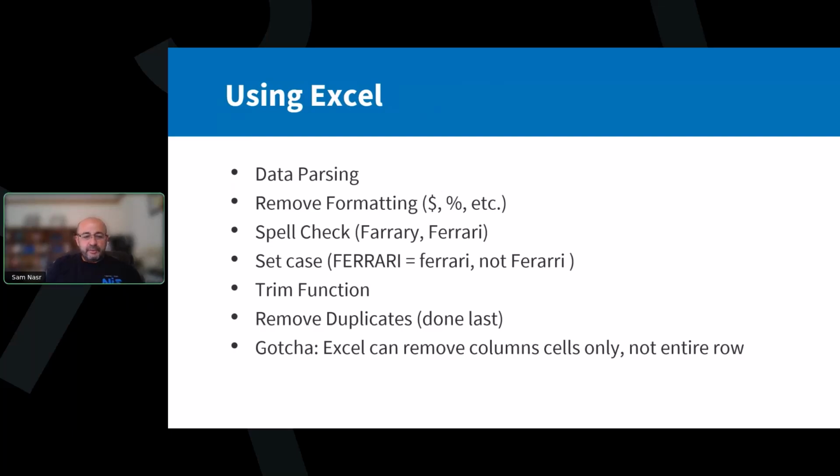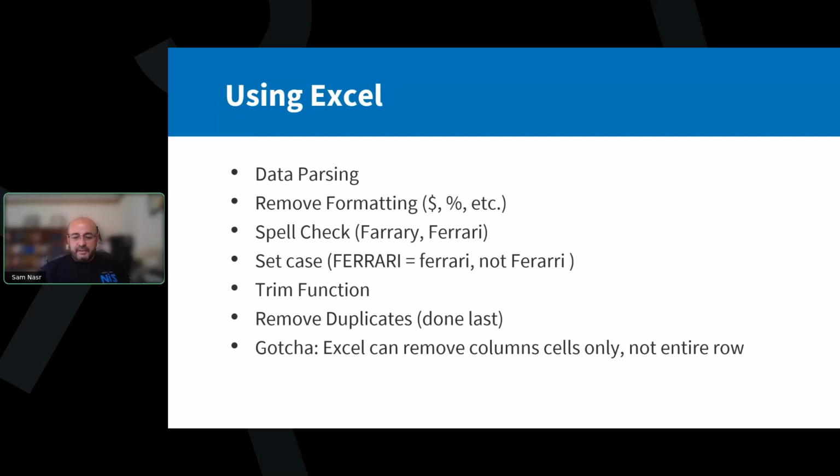Why should we remove duplicates last, after doing the trimming and setting the casing and the spell check and all that? All the other stuff might create the duplicates or make them more apparent. Exactly right. Thank you for your feedback. Yes, I need to do that last because all the other steps might reveal additional duplicates, as Daniel said. And so that's going to be my last step.